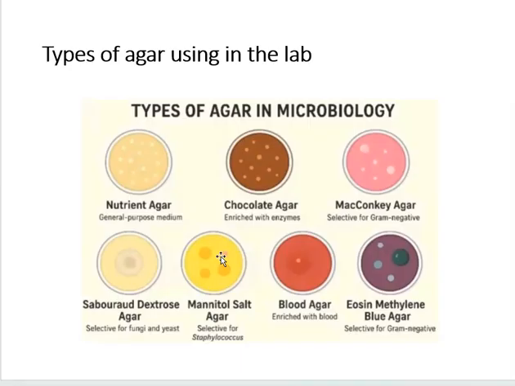But we usually have a TSA agar and sometimes a blood agar plate. And then we can pick one of the gram-negatives. And then there's another agar, CNA, that selects for gram-positives.